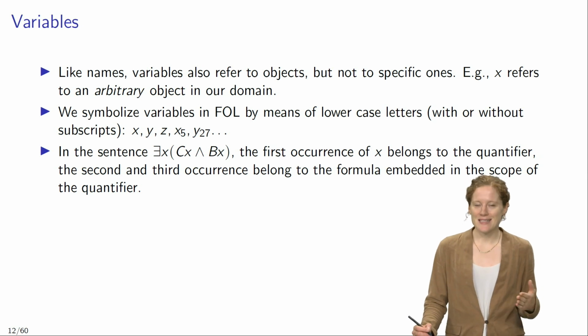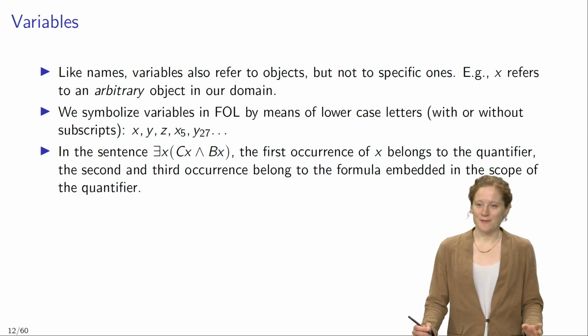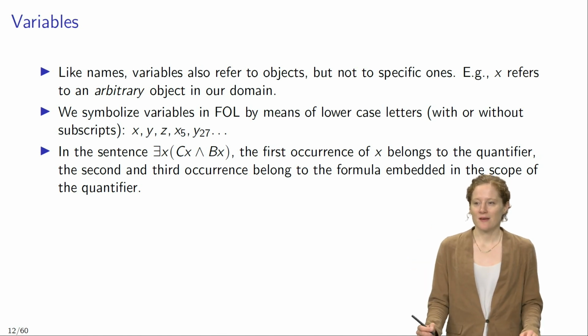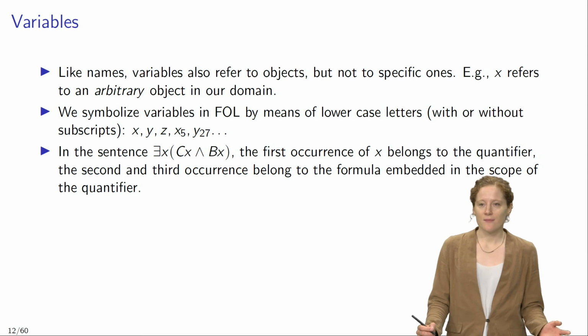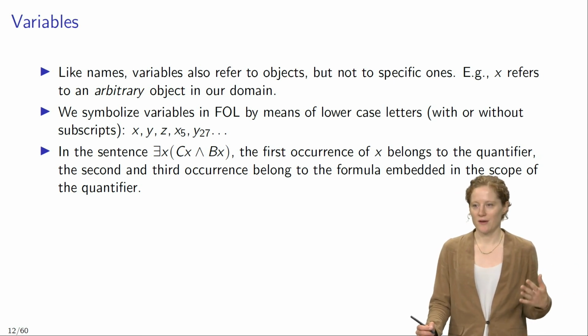And when I say some x is F, I do not say that a specific object is F, but rather I say that some arbitrary object in our domain is F. In FOL, we represent variables by means of lowercase letters taken from the end of the alphabet, and these lowercase letters may appear with or without subscript. So for example, x, y, z, x subscript 5, y subscript 27, and so on and so forth. All of these are variables in FOL.